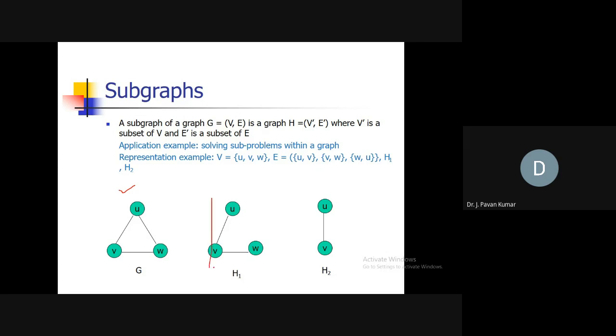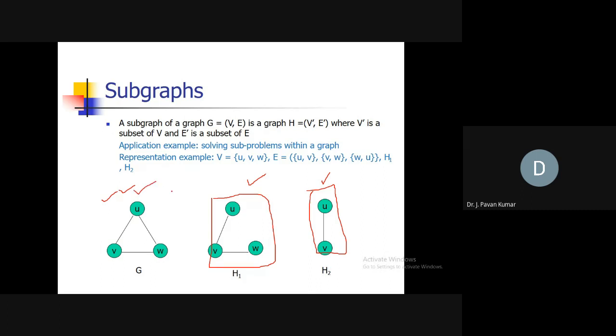And H1, consider what vertices we have: U, V, W, which is a subset of this G, and the edges are also part of G. So we can consider H1 as a subgraph of G. Similarly H2: U and V are the vertex set, which is a subset of the vertex set of G, and the edge set is also a subset of the edge set of G.